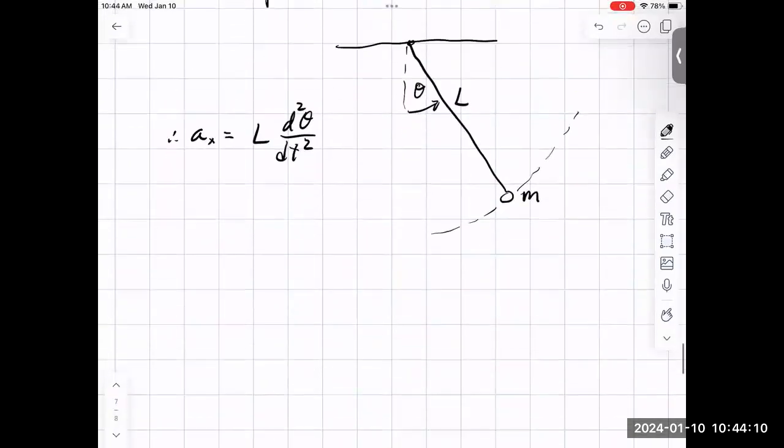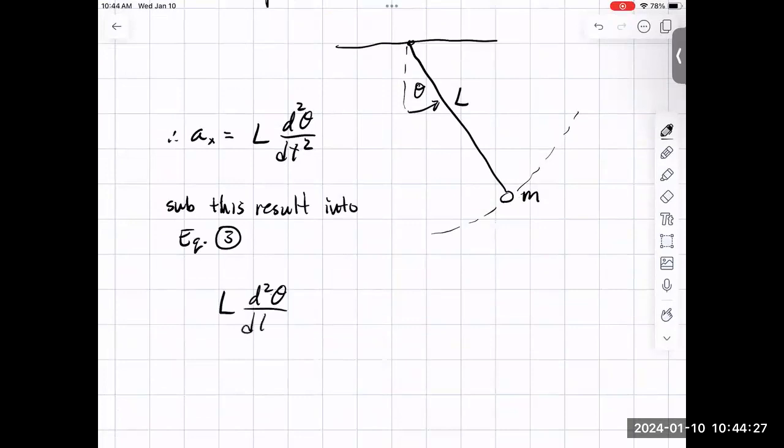So let's sub this result into equation 3. And that would be L d2 theta dt2 is equal to minus, and what was it? It was G times sine theta.